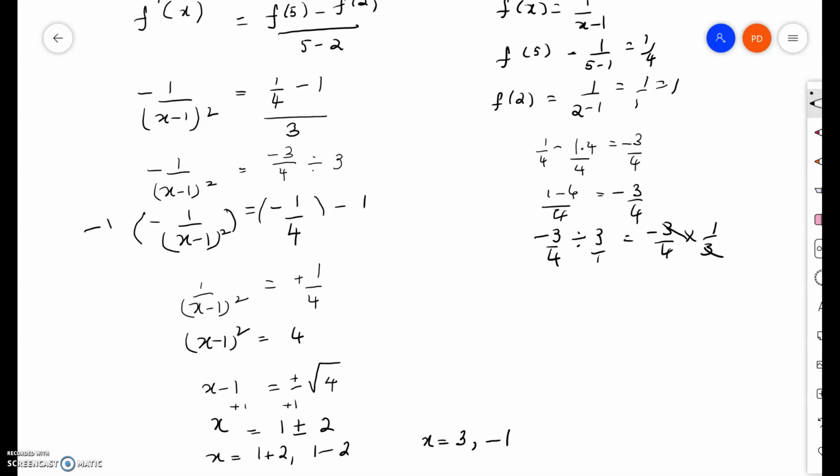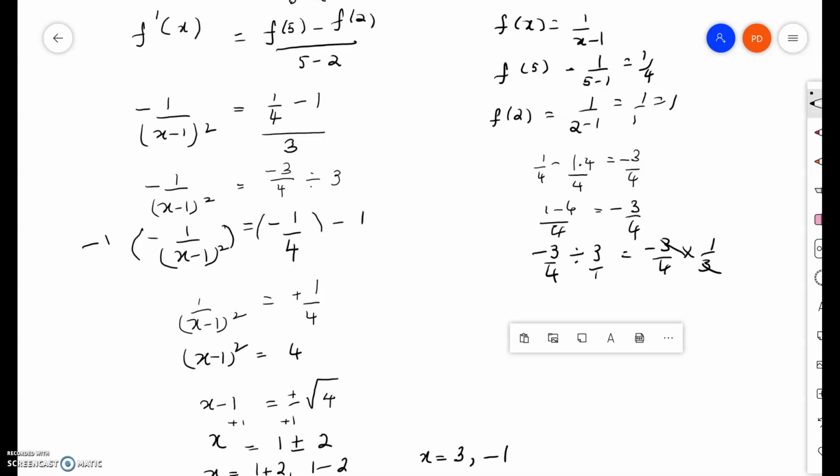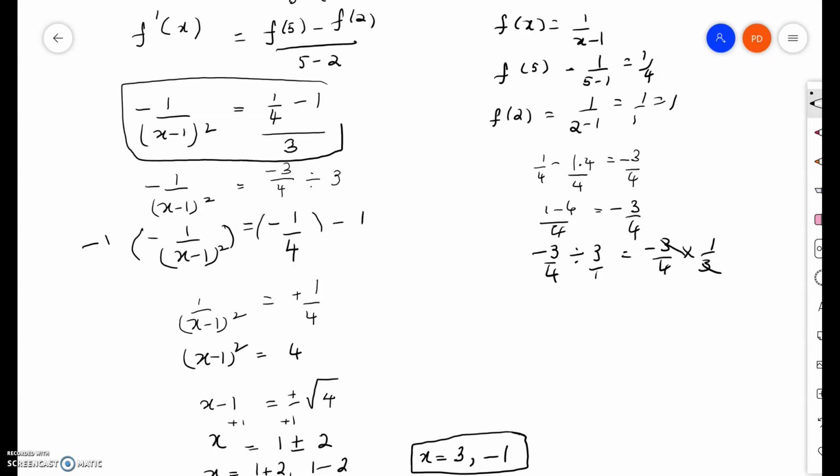What we've done here is we have found 2 values of x at which the derivative of the function, basically by solving this equation, we are saying that the derivative of the function at 3 and at negative 1 is equal to f of 5 minus f of 2 divided by 5 minus 2.